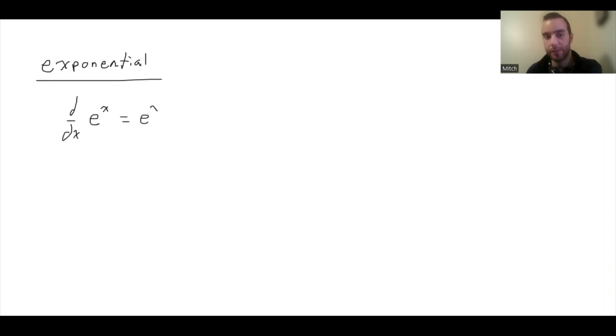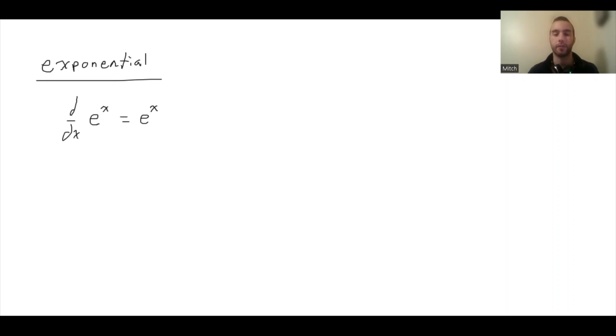The derivative of the exponential is itself. So when we think about what that means, what is the rate of change of the exponential? Well, it's the exponential. It's describing its own rate of change.